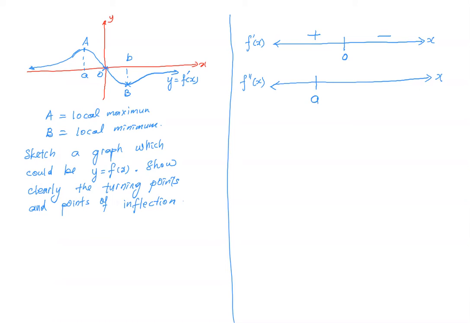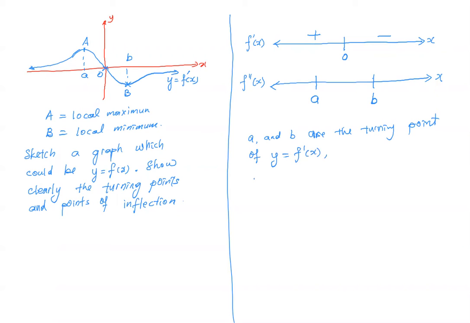Can someone tell me why I mark A and B here? Yeah, the intersection point, right? Not intersection points. A and B are the turning points of y equal to f prime x.